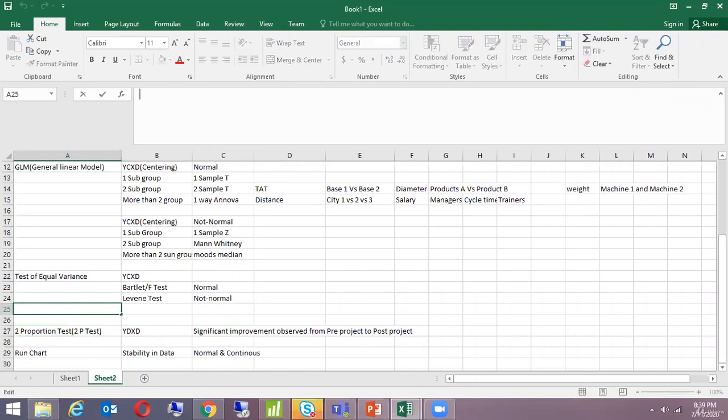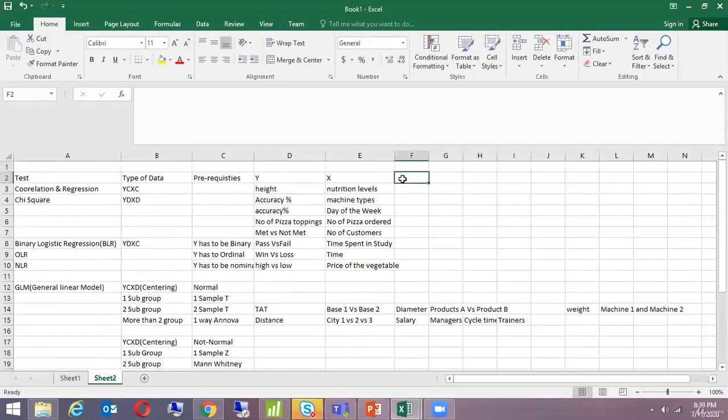I've just listed down all the tests that we'll be doing today, tomorrow, and maybe in the next class, because we have improve and control left also. So let's start with these tests.